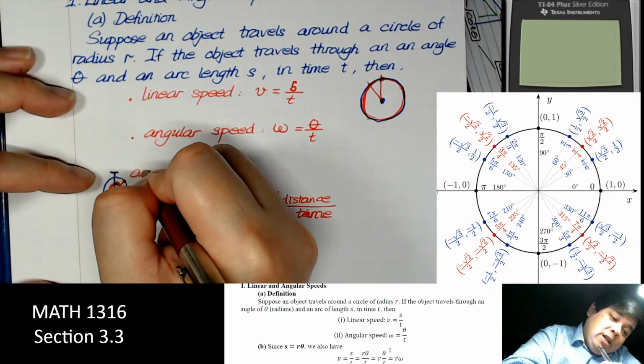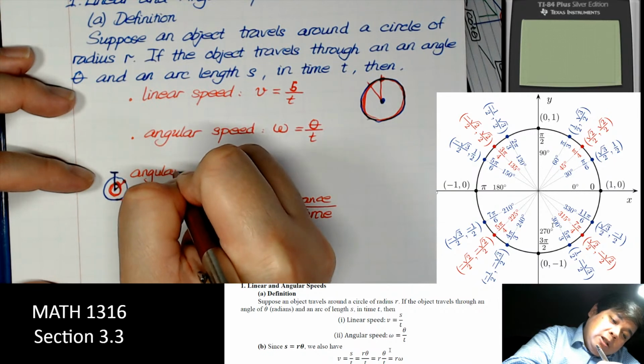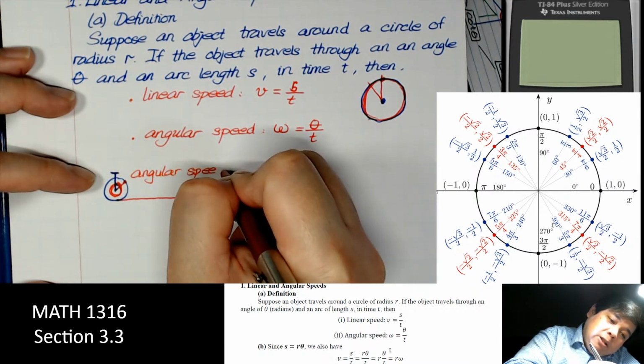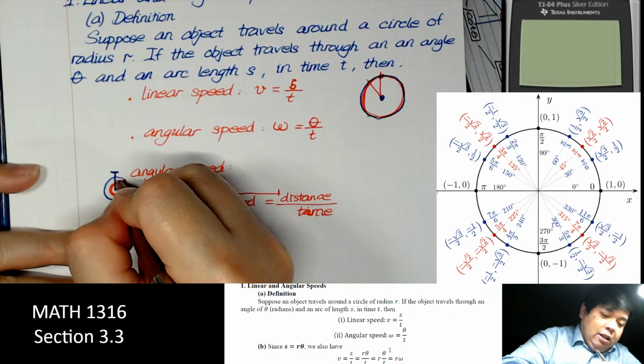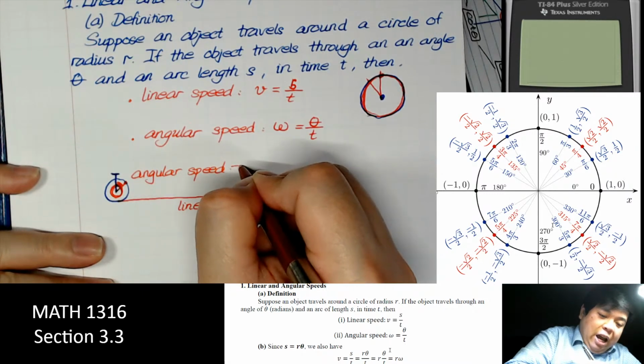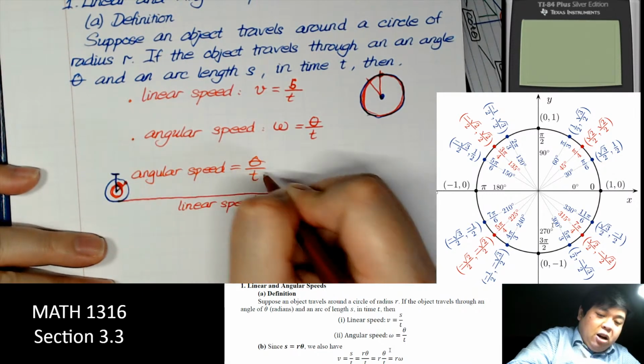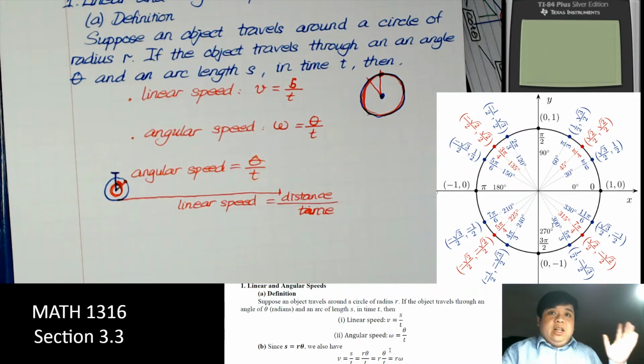And the angular speed is the change in the angle divided by time. So one is the linear distance, and one is the angular distance, if you will.